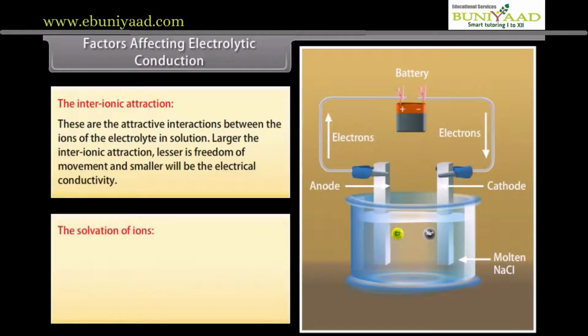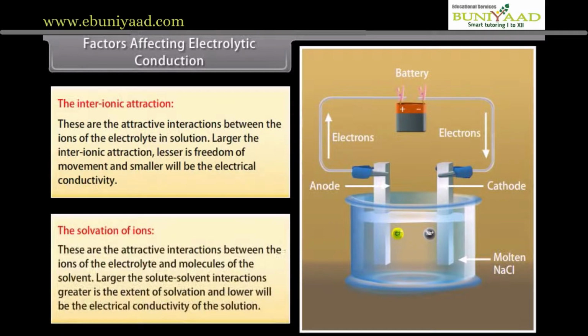The solvation of ions. These are the attractive interactions between the ions of the electrolyte and molecules of the solvent. Larger the solute-solvent interactions, greater is the extent of solvation and lower will be the electrical conductivity of the solution.